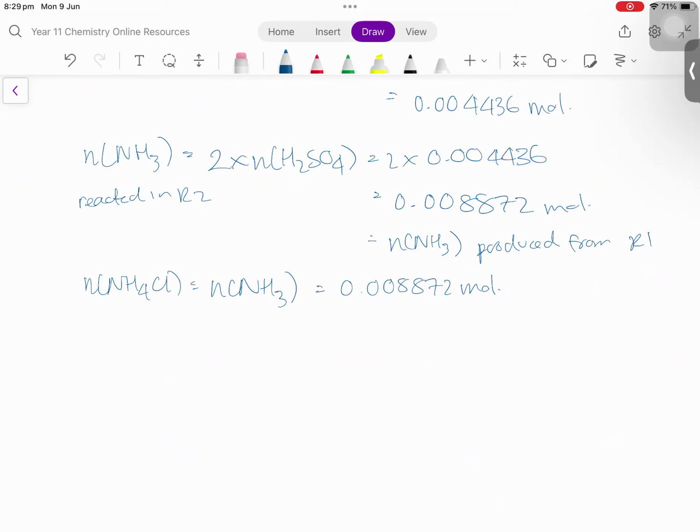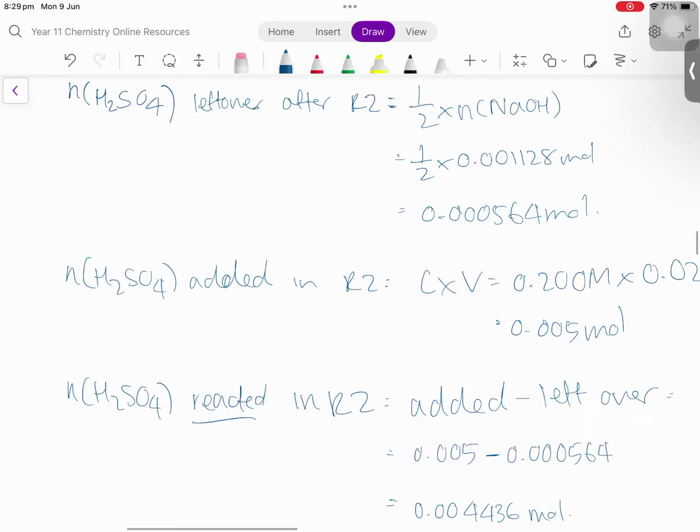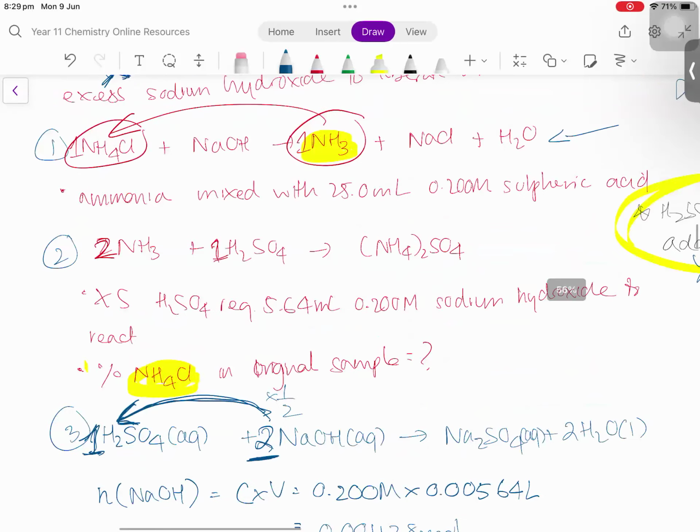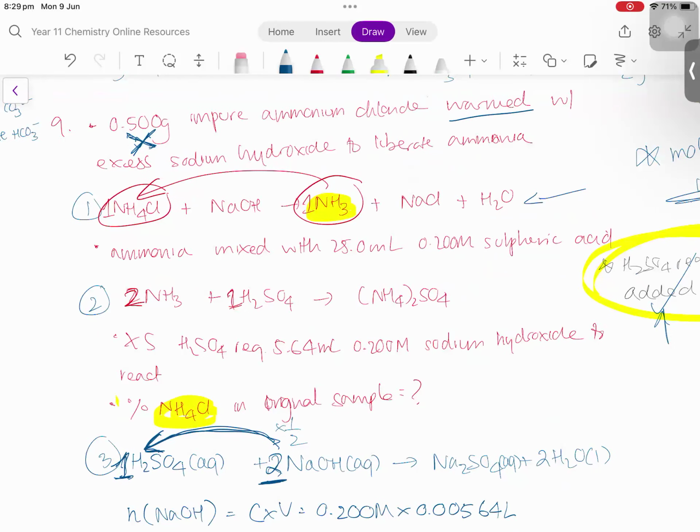Okay, we are now back at the chemical that the question asked us for. Once you've got the chemical and once you've got the moles of that chemical, do whatever they want about it. Read the question again for me. What did they actually want about the NH4Cl? They want the percentage of the NH4Cl in the original sample. Good. Now, percentage is a little bit confusing, yeah? Normally you express percentages in the same unit as the total, yeah?